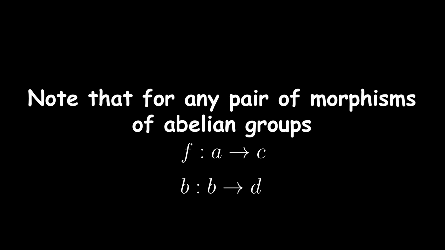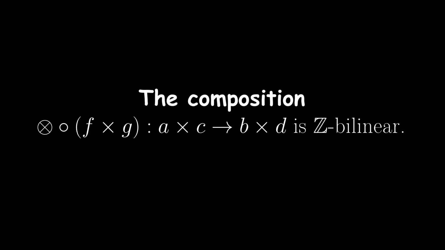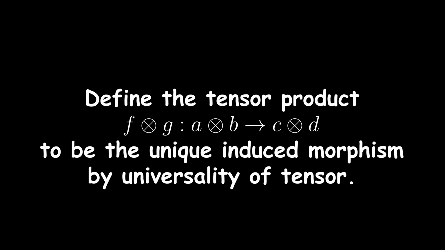Note that for any pair of morphisms of abelian groups F from A to C and G from B to D, my bad, the composition tensor composed with F cross G from A cross B to C tensor D is bilinear. Define the tensor product F tensor G of the morphisms F and G to be the unique induced morphism A tensor B to C tensor D by universality of tensor.